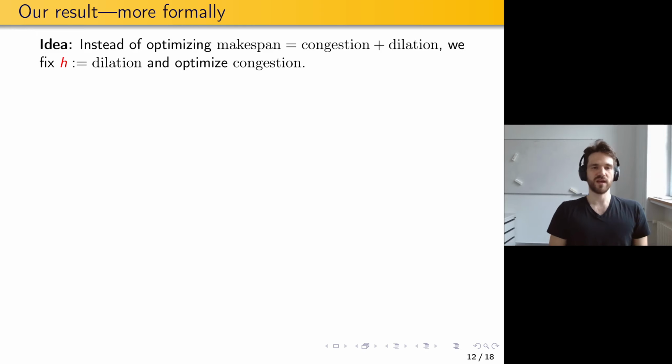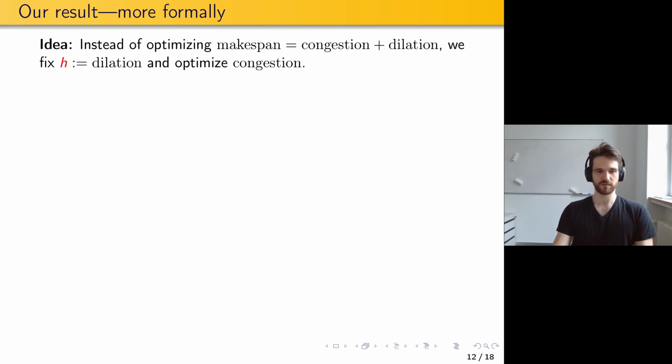Okay, so now let me tell you a little bit more about results. Let me define the results that we get a little more formally, because the previous one was quite an informal definition. As you remember, there is this impossibility result that you cannot directly optimize the makespan.